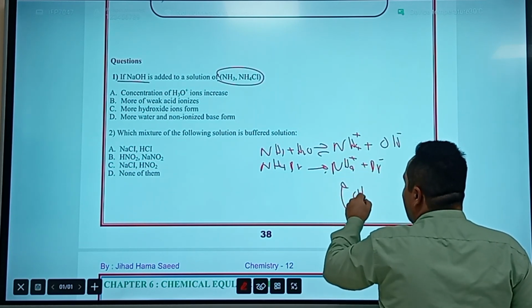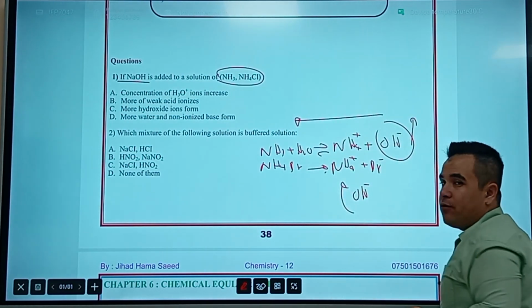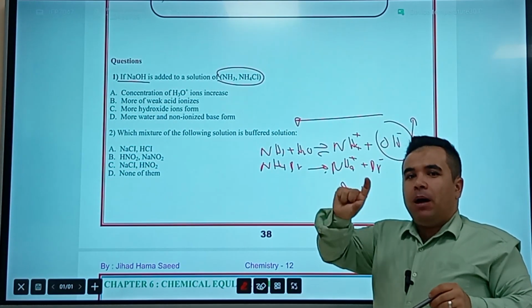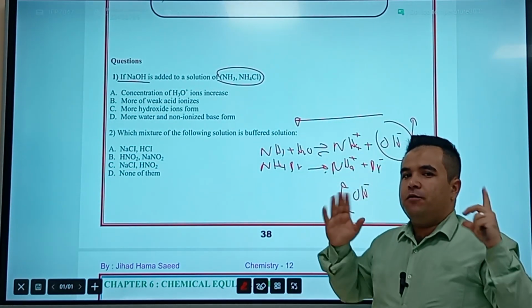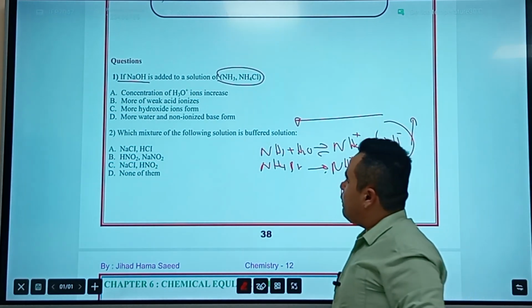And when we add hydroxide, it increases this hydroxide and then the reverse is favored. That's why I told you whenever the added substance and the buffer solution are both the same, reverse is favored. If they are not the same, forward is favored.